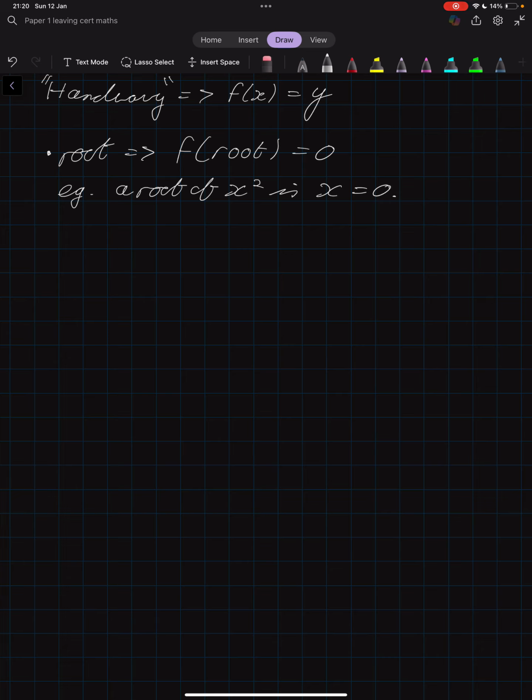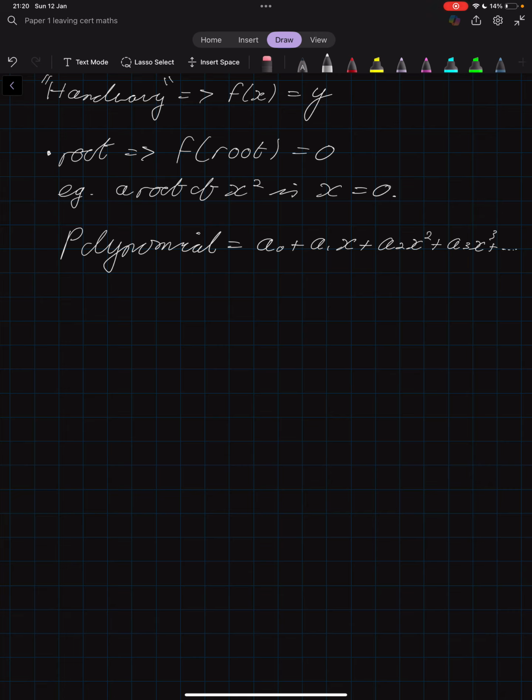Now, another thing of drawing functions is that you have a polynomial. And this is just equal to a0 plus a1x plus a2x squared plus a3x cubed and so on. So a polynomial is just something that has a load of powers of x, okay?